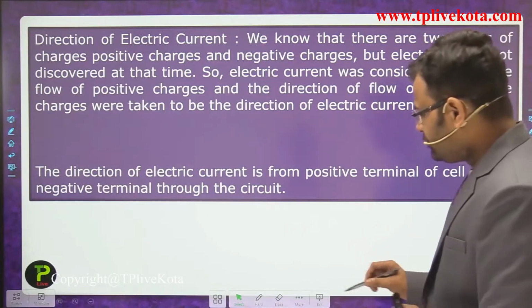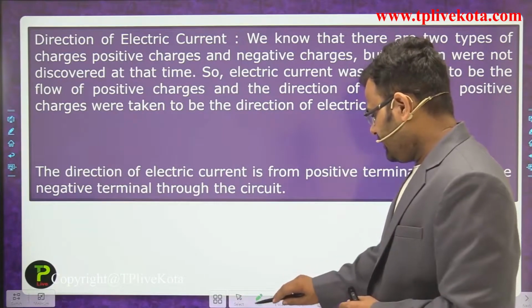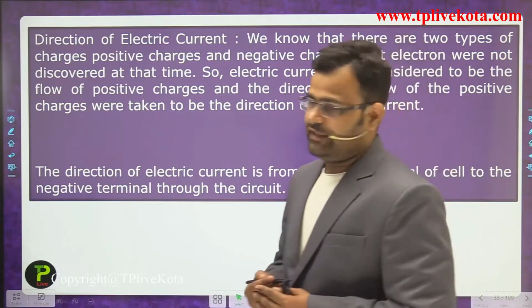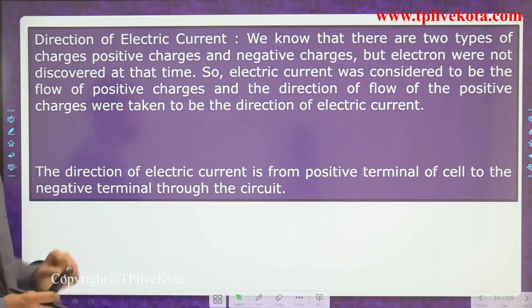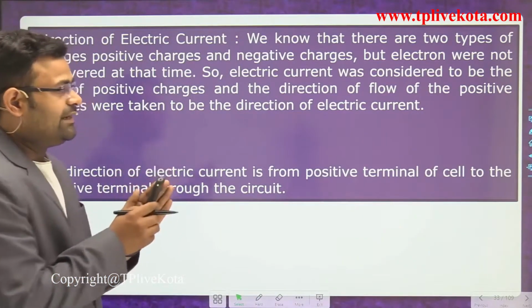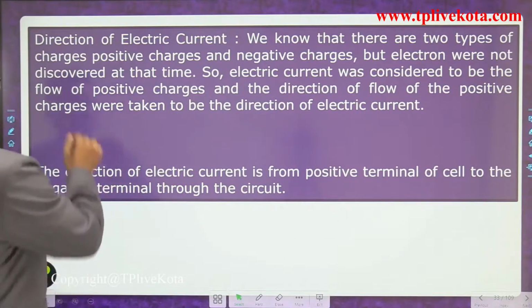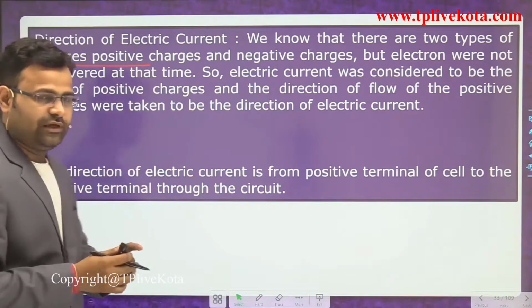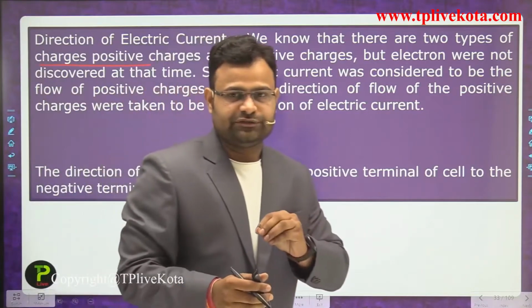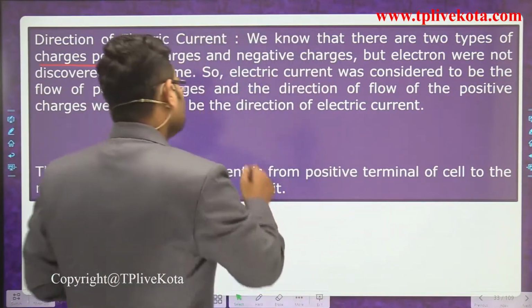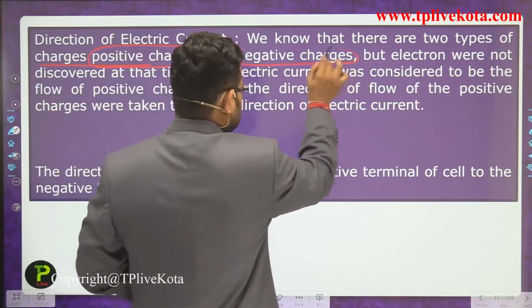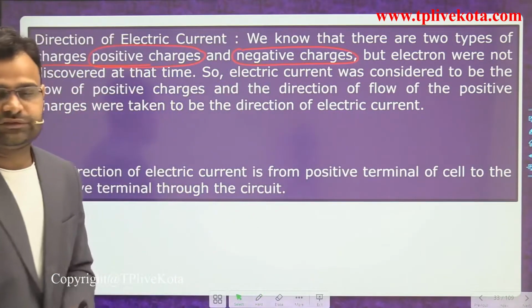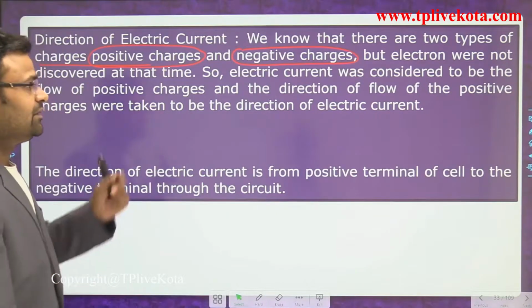Now we discuss the direction of electrical current. What is the direction of electrical current? Please focus on this statement carefully. We know that there are two types of charge. First one is a positive charge and second one is a negative charge. Every student of my class knows that there are two types of charge.